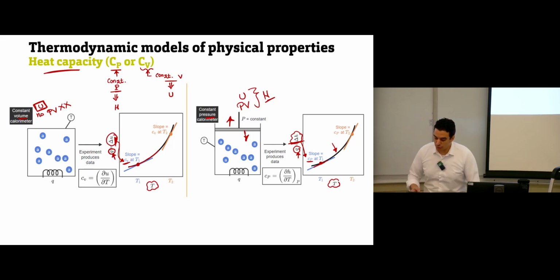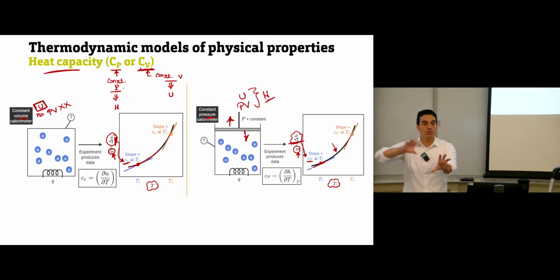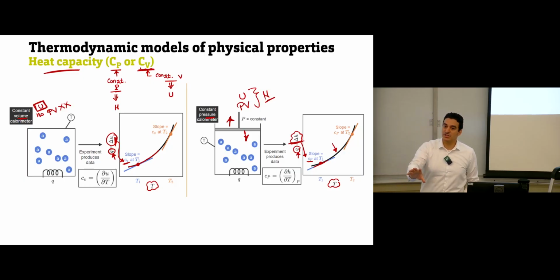If the process is conducted at constant volume, the heat capacity will be called CV, and this will be the property that we will use to find an equation to calculate internal energy. And heat capacity at constant pressure is CP, and this is the property we will use to develop an equation to calculate enthalpy.